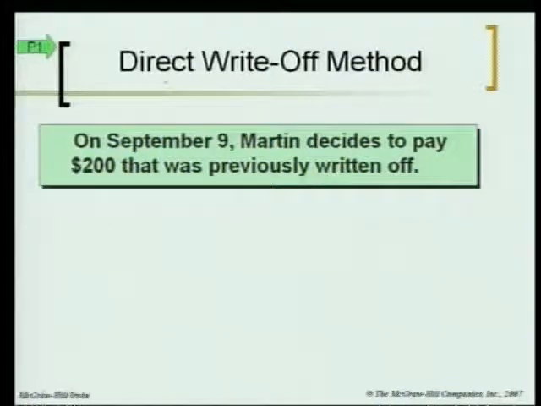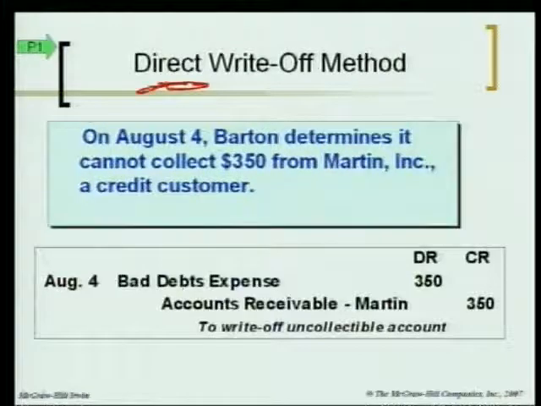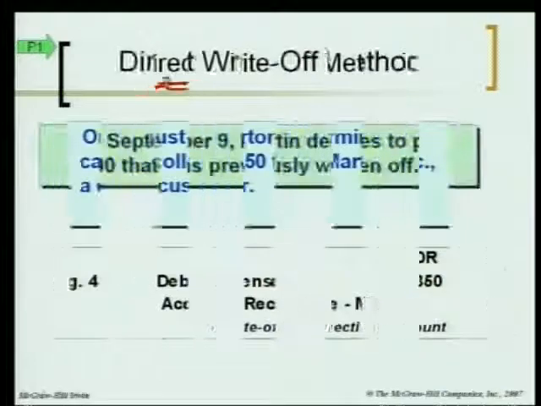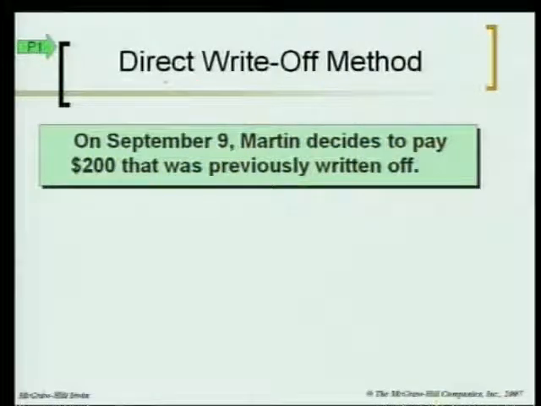Now, there's one problem with this, and it's kind of a big problem. We're going to talk about that in just a second. But let's say we make this entry, we write off their account under the direct write-off method. A few days later, guess who wanders in? Martin, and they want to pay $200 that was previously written off. Do we tell them, hey, your money's not welcome here, we wrote off your account, buddy?